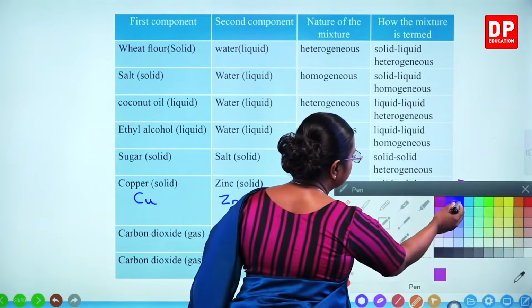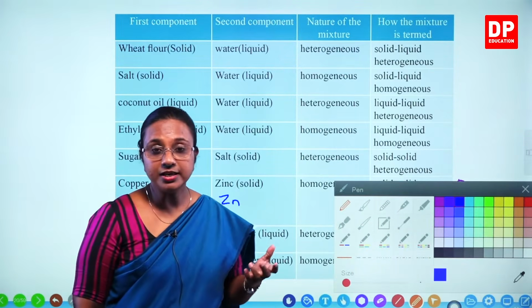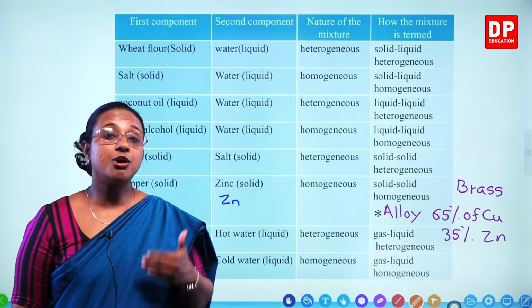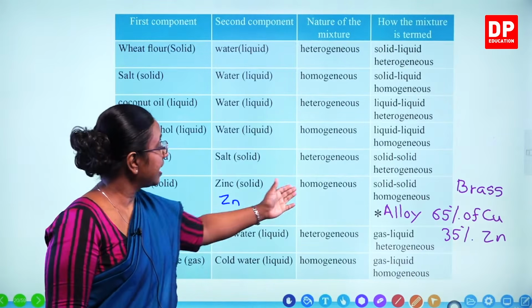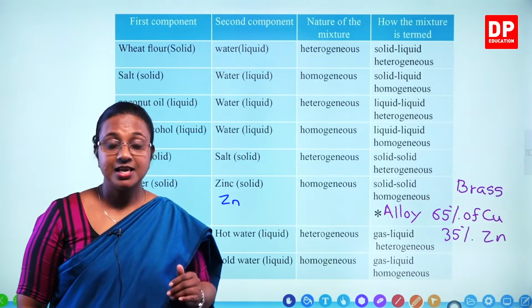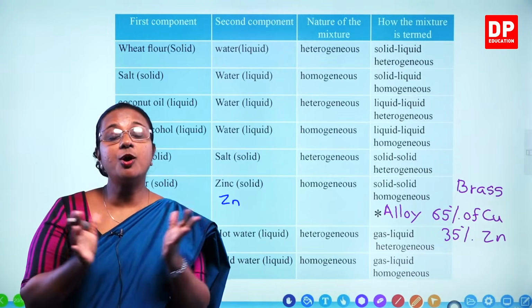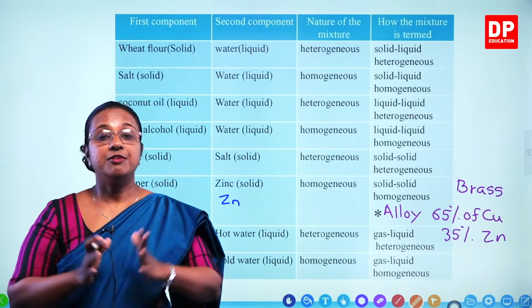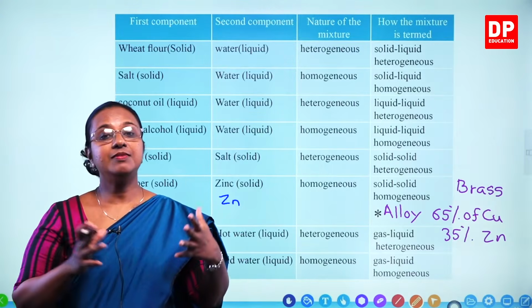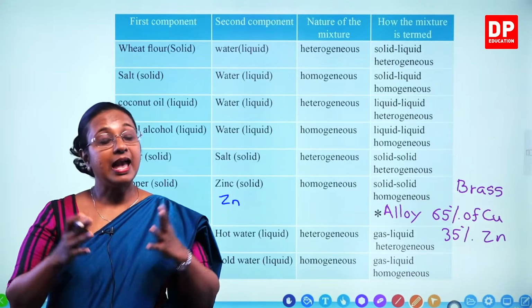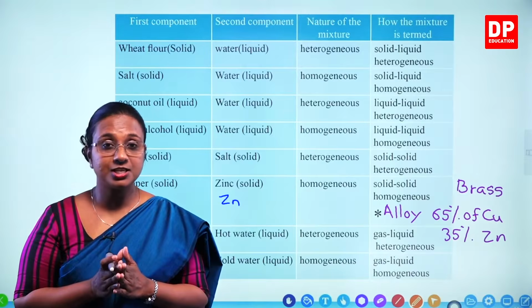So here brass is an alloy. Alloy means a mixture of more than one metal. So this has to be homogeneous. Just imagine you have a copper vessel at home. If the bottom part of the copper vessel has more copper, it will have a certain color and a certain texture.